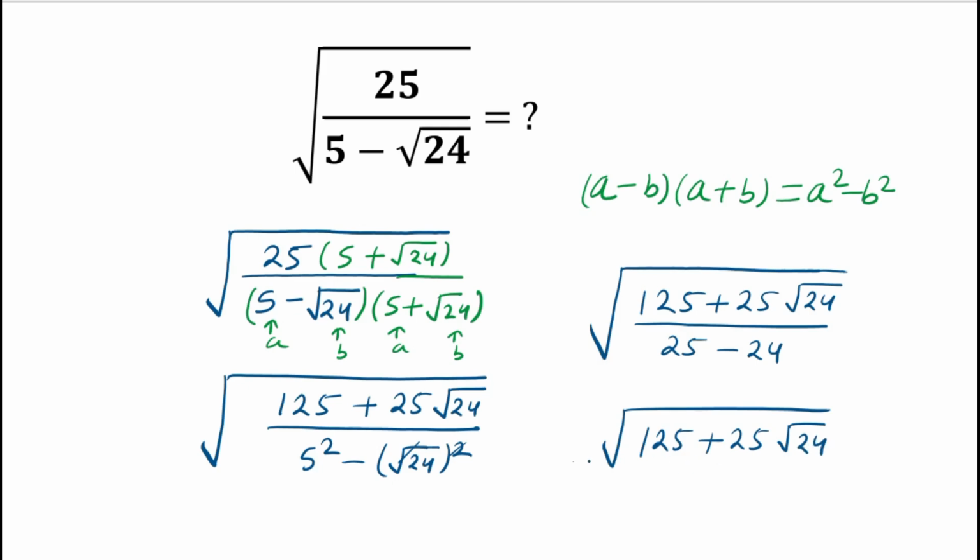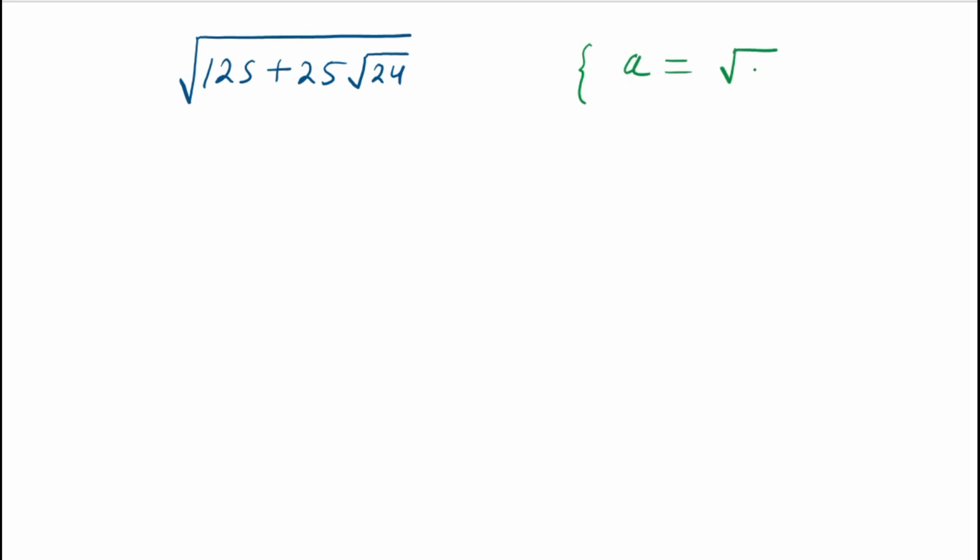Now simplify this radical expression: square root of 125 plus 25 times square root of 24. We know that a is the same as square root of a square. So 25 is also the same as square root of 25 square.